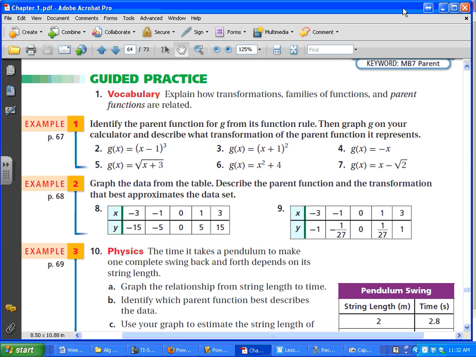Number 5, it's a square root function. And this has been moved 3 units to the left. Number 6 is a quadratic. And since it's x squared, it's the parent function plus a number, then that means it's a vertical shift up 4 units.